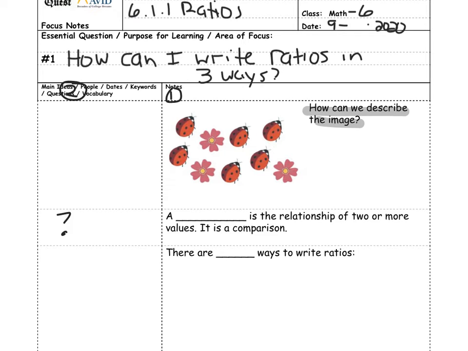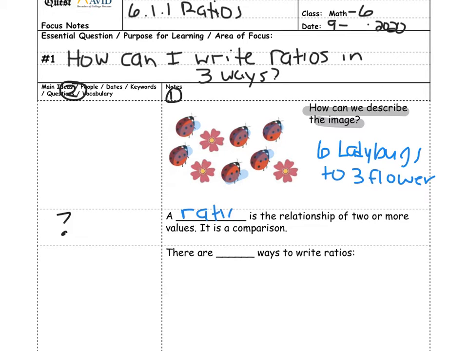Or we can look at the whole picture, and I have 1, 2, 3, 4, 5, 6 ladybugs, 6 ladybugs, 2, 3 flowers. And anytime we are comparing 2 things, we can say it as a ratio. So today we're going to be talking about ratios.